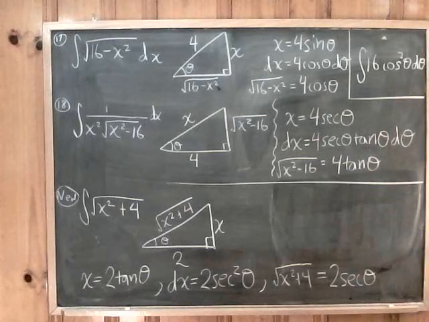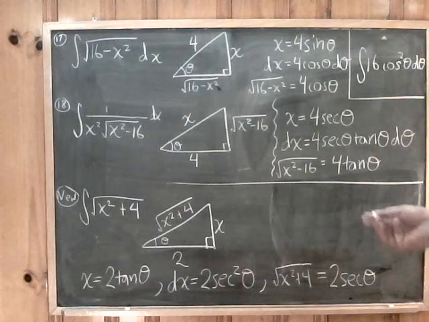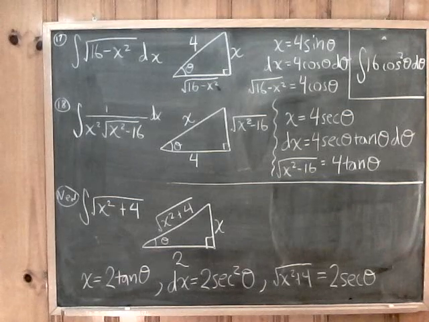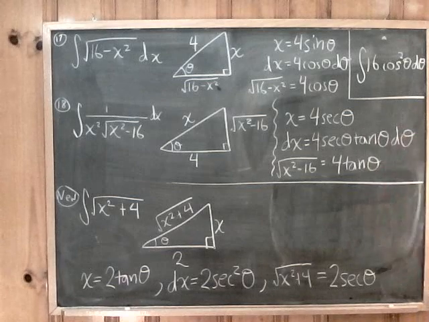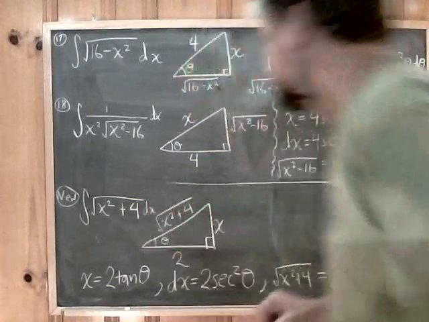And that's from the triangle, or by filling in 2 tangent theta for x and doing the algebra. All right, now we can, forgot the dx on here again. I won't forget that on the test.